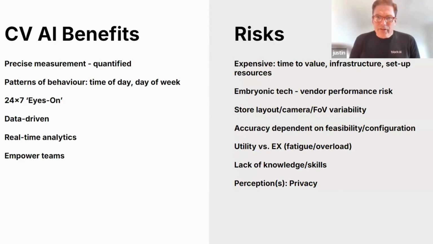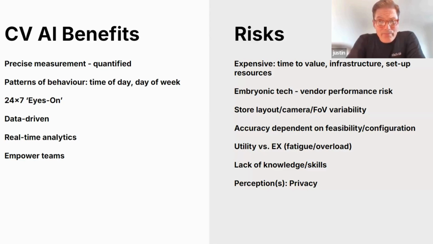So just onto the summary or wrap up of this, in computer vision AI, there is clearly a number of quite profound benefits from using this technology safely for retailers. Precise measurement is something that it does constantly.